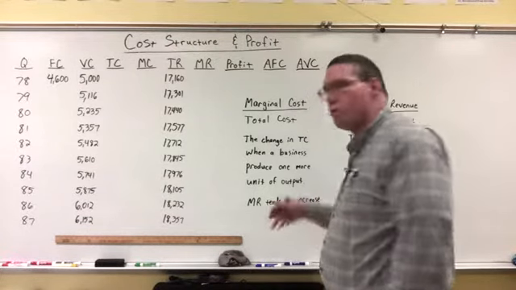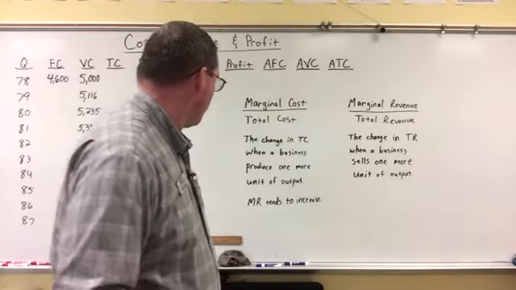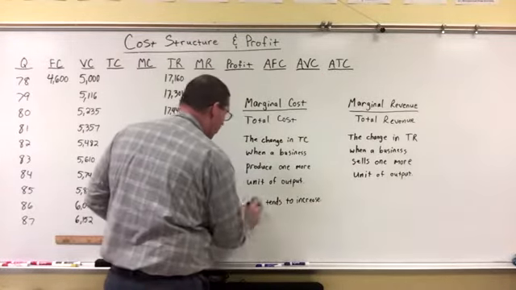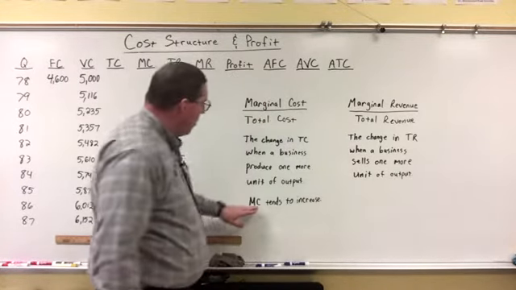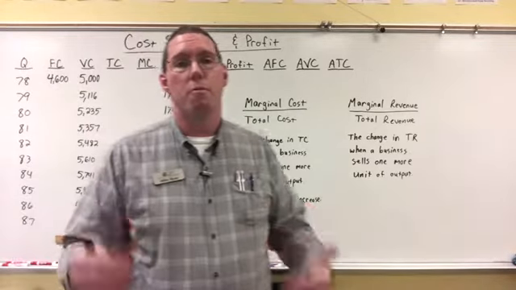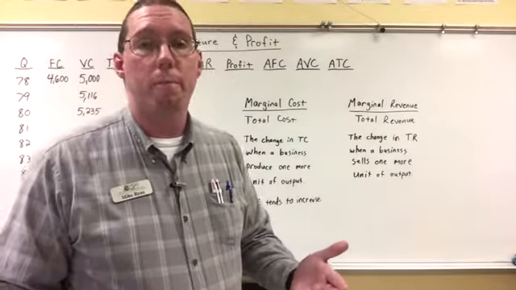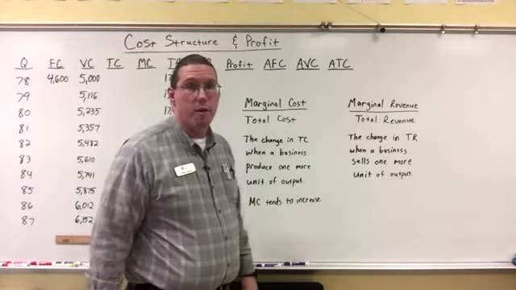So as they produce more and more, their marginal revenue. Oops, I put marginal revenue there. I meant marginal cost. Marginal cost tends to increase as a company produces more and more and more.